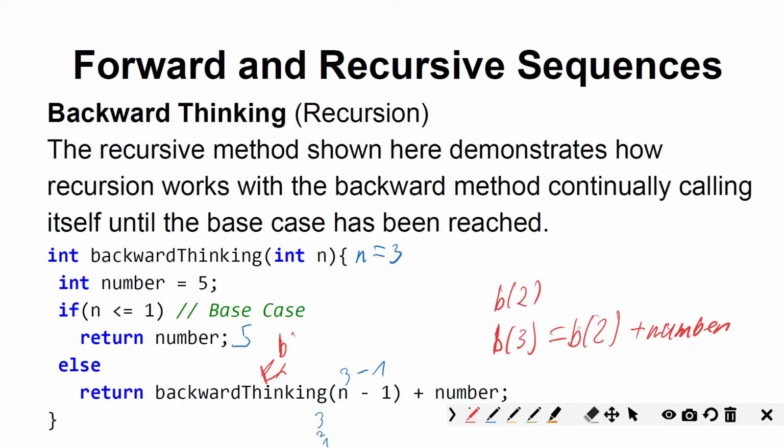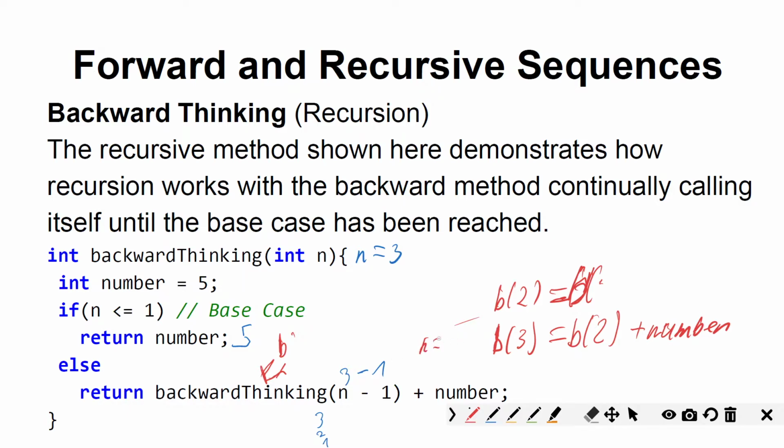We call this b(2) because it has not solved the problem. You need to move to the base case. When it's b(2), you call b of n minus 1, where n equals 2.